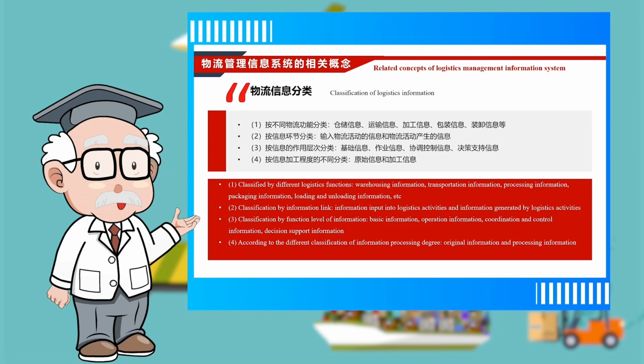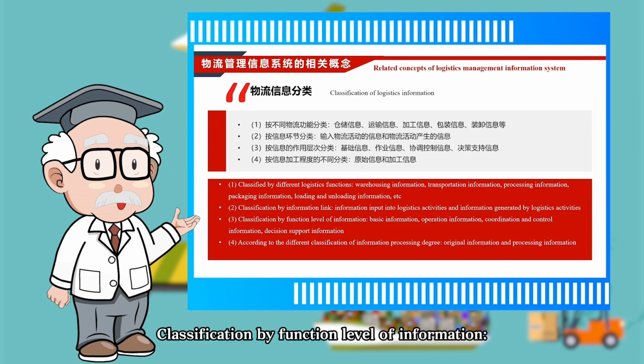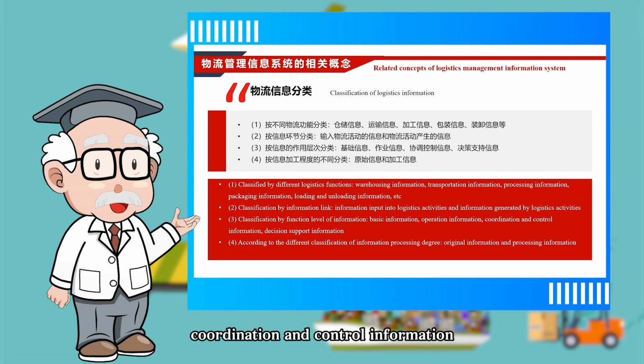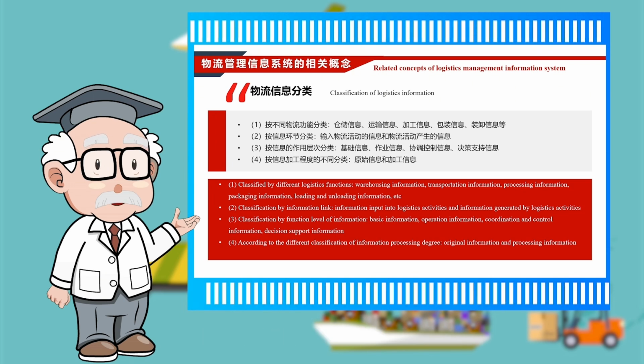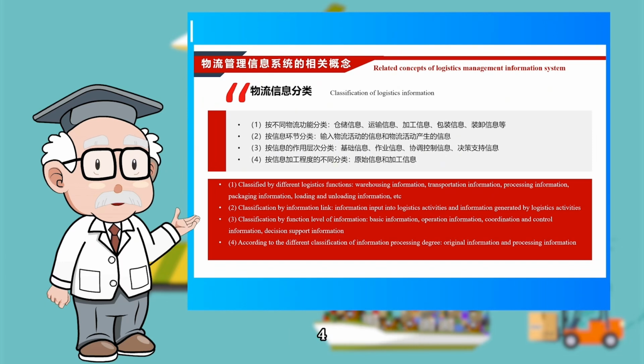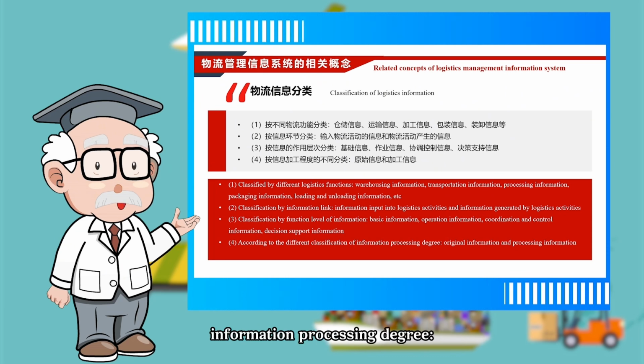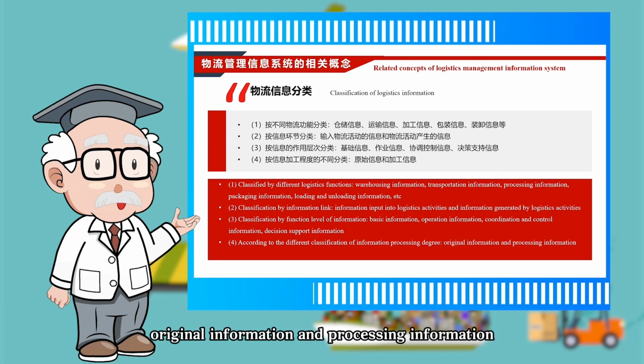Point 3. Classification by function level of information: basic information, operation information, coordination and control information, decision support information. Point 4. According to the different classification of information processing degree: original information and processing information.